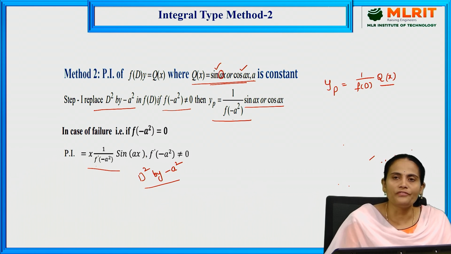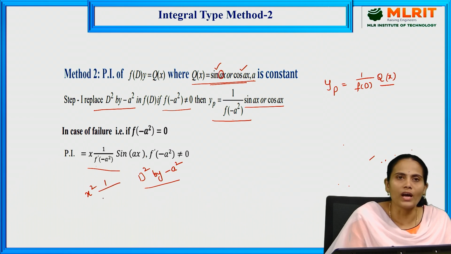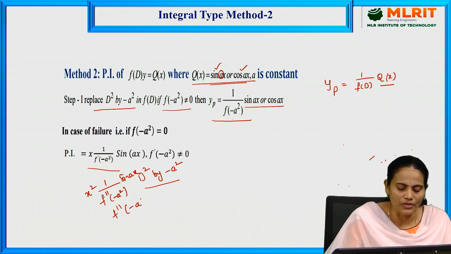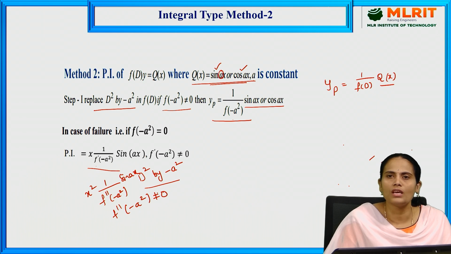Sometimes the first derivative is also 0 after replacing D square by minus a square. In that case, take x square into 1 by f double dash of minus a square into sin ax as yp, where f double dash of minus a square is not equal to 0. Continue this procedure until the denominator is not equal to 0.